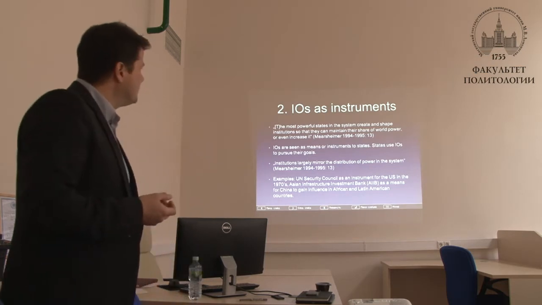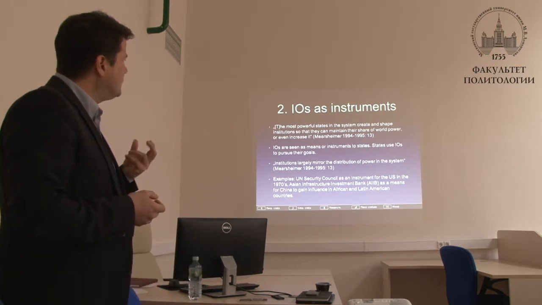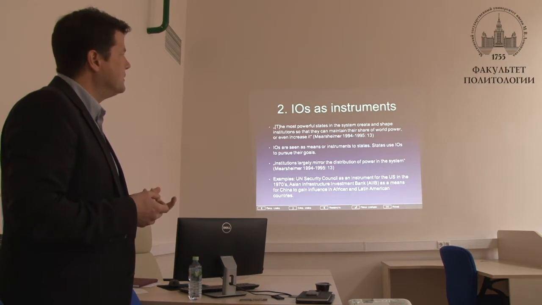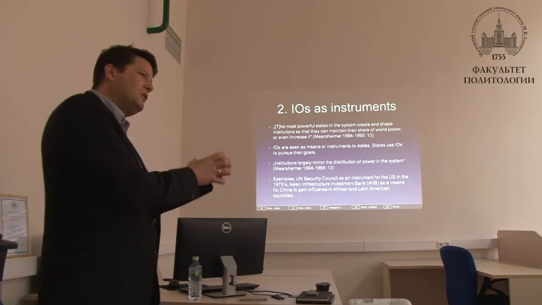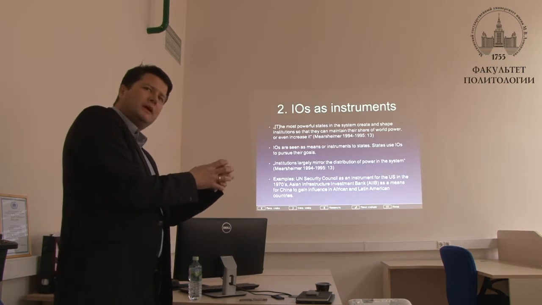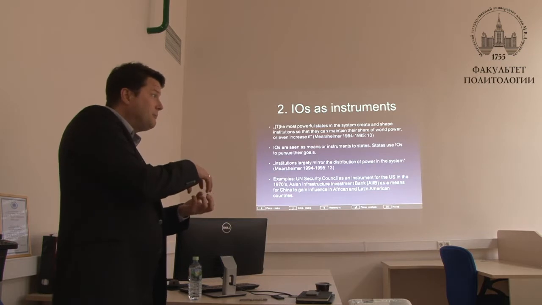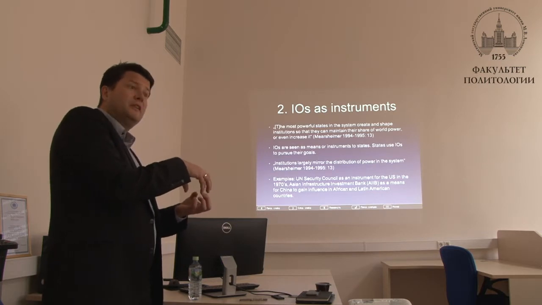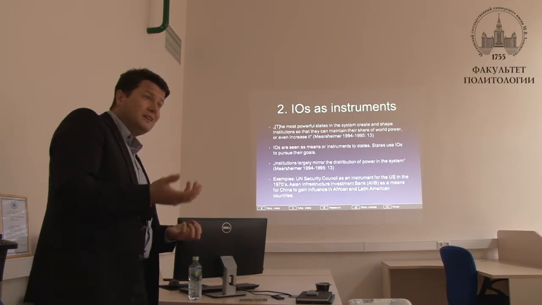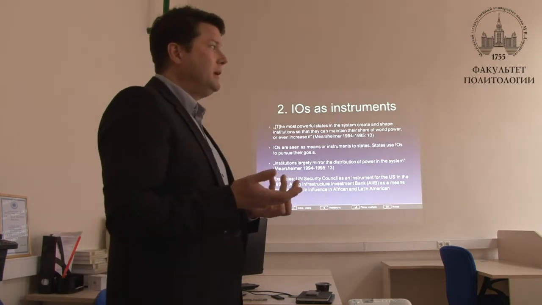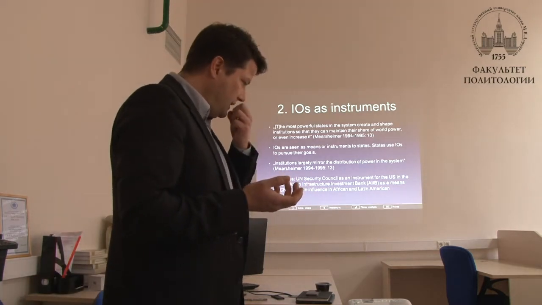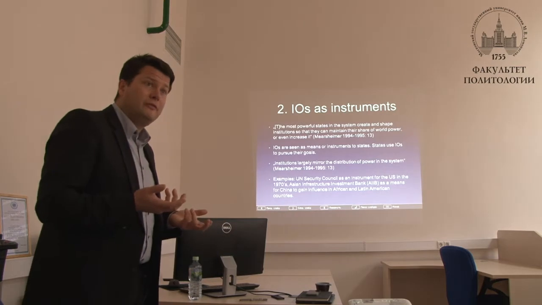Or, in other words, by Mearsheimer, institutions largely mirror the distribution of power in the system. So, if we look at international organizations, we can see, for example, in the voting powers, how the power in the international world is distributed. One example for this would be the World Bank or the IMF.